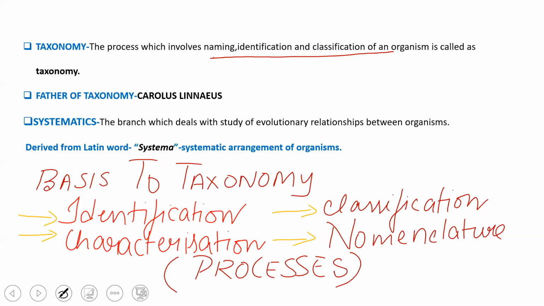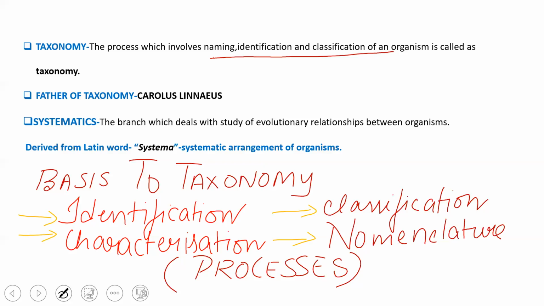But these four processes were not sufficient for scientists. They felt very bored because identification, classification, characterization, nomenclature, they went on doing for years. They wanted some change with regard to these processes. So what did they do? They started adding certain relationships, or started getting to know things about the classification and characterization further by comparing these organisms.